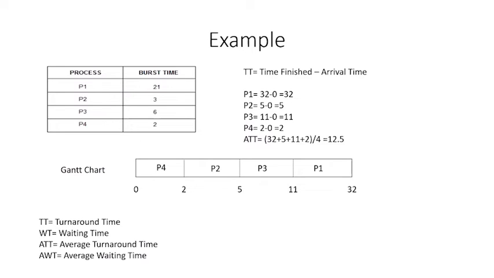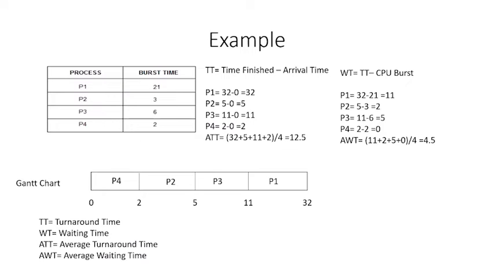P2, 5 minus 0 equals 5. P3, 11 minus 0 equals 11. P4, 2 minus 0 equals 2. Then for the average turnaround time, we add them all and divide by the number of processes, which is 4. So 32 plus 5 plus 11 plus 2 divided by 4 equals 12.5.